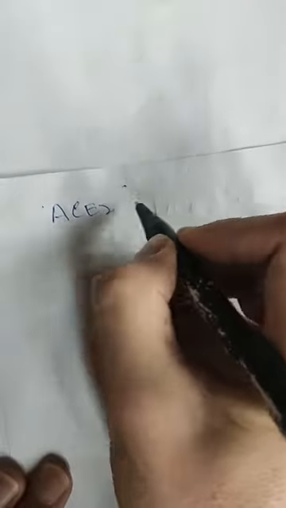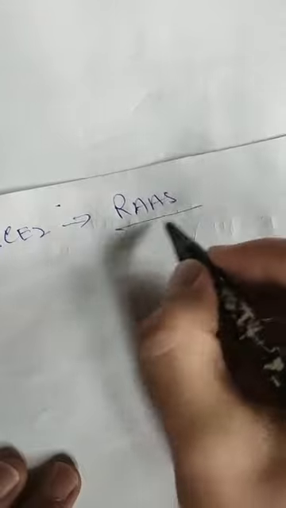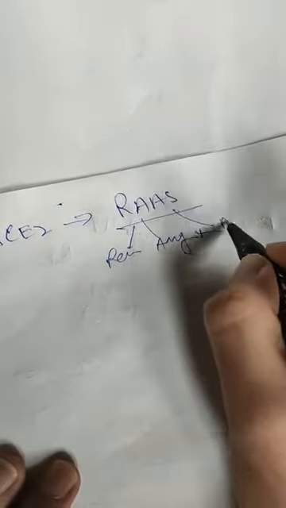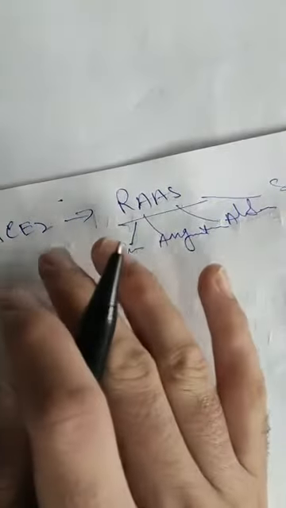It is very simple. First of all, I will let you know that this ACE2 is implicated in the RAS system, that is the renin angiotensin aldosterone system, and also in the pathogenesis of hypertension.